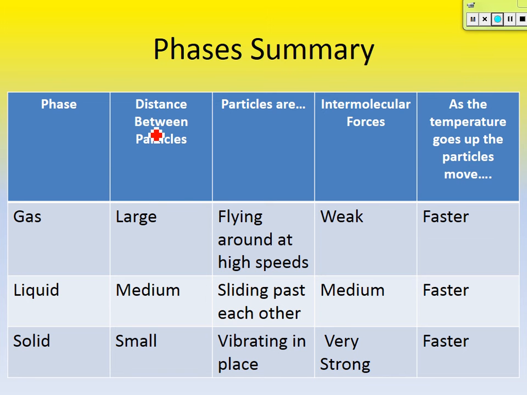In the gas phase, the distance between the particles is large. Liquid phase, they're closer together, so it's somewhat medium. In the solid phase, the particles are very close together, so the distance is very small. The particles are flying around in the gas phase, sliding past each other in the liquid phase, and just vibrating in place in the solid phase. Intermolecular forces: if they're very far apart in the gas phase, it makes sense that the forces holding them together are very weak. Medium in the liquid, and since in the solid phase they're very close, it makes sense that they're a lot stronger in the solid phase.